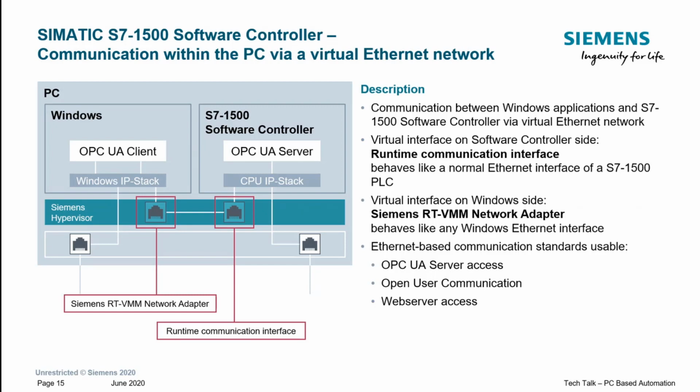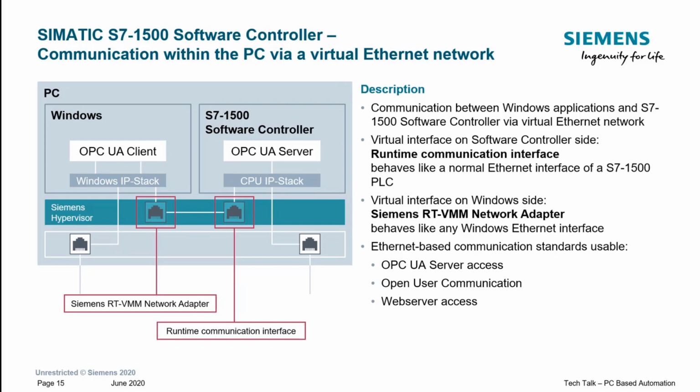So what we have in this software controller is very similar to that. What happens at the hypervisor level is a virtual network adapter is created and exposed to Windows, and then a virtual network adapter is created and exposed to the PLC. So we've now got a direct simulated Ethernet cable between our Windows environment and our software PLC. So we can have a look at setting that up as well.